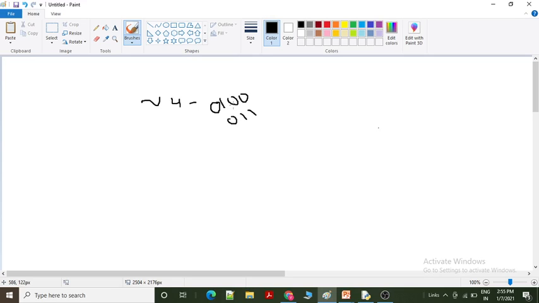Now if we talk about the tilde operator or the not operator, by default it treats your number in inverted order.